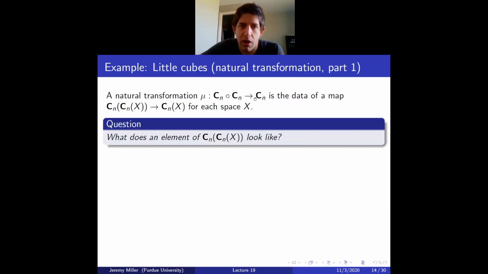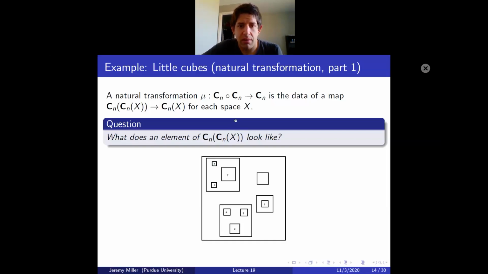How should I draw a picture of this? Yeah, so it's cubes in cubes. So cubes X is cubes labeled in X. This is cubes labeled in cubes labeled in X.